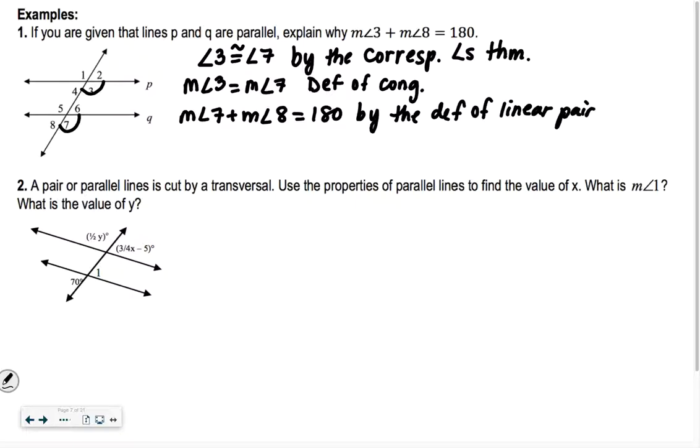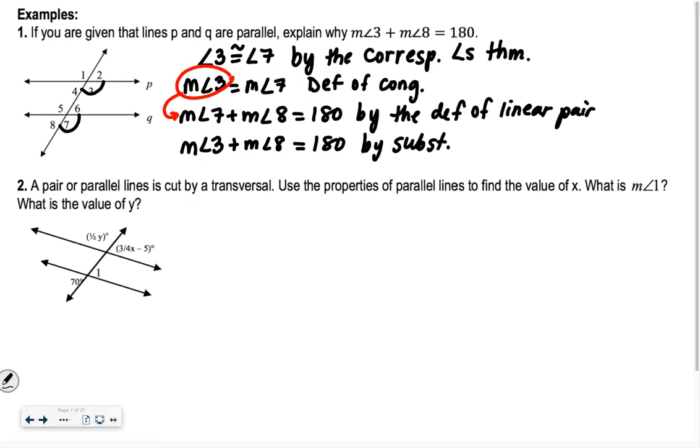So they're supplementary, they add up to 180. And then once we have that, can we get to the point where we say measure of angle 3 plus measure of angle 8 equals 180? How can I do that? I just substitute it right in there, right? By substitution. Okay, done. We have it.